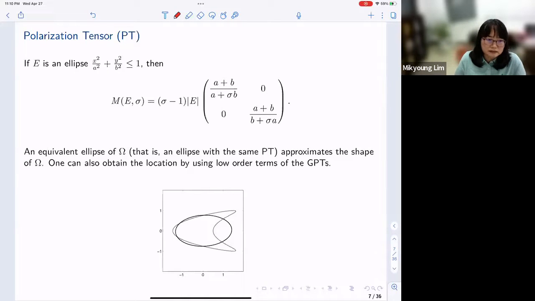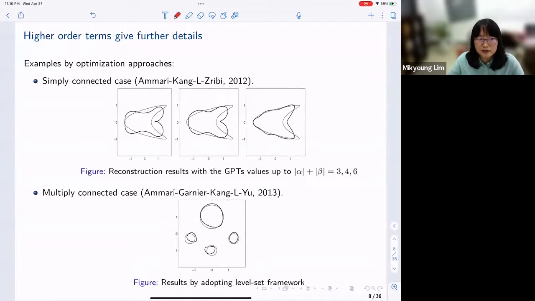And in the general shaped case, an equivalent ellipse, that is an ellipse with the same PT, approximates the shape of omega, where the location is obtained by several more GPT values, but they're lower order terms. So this PT approximates the shape of omega. And higher order parts give further details.